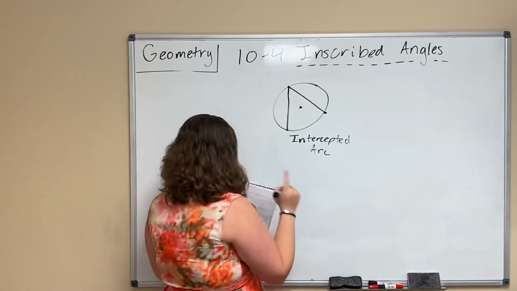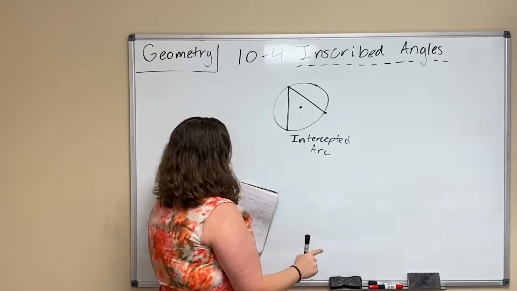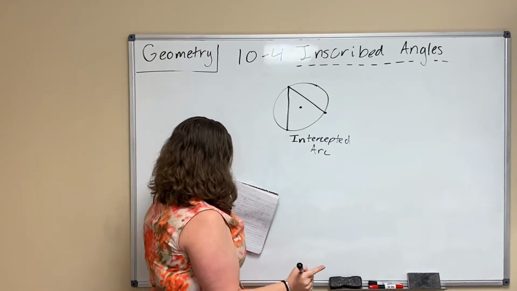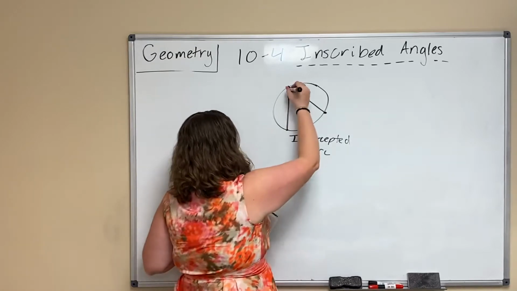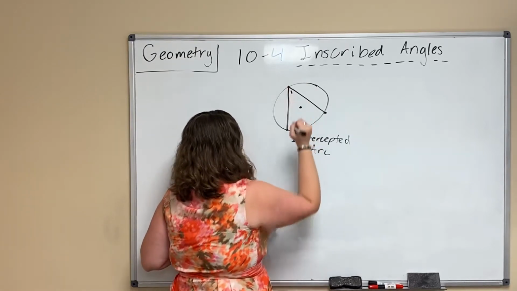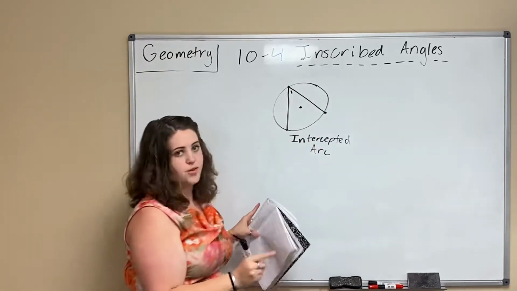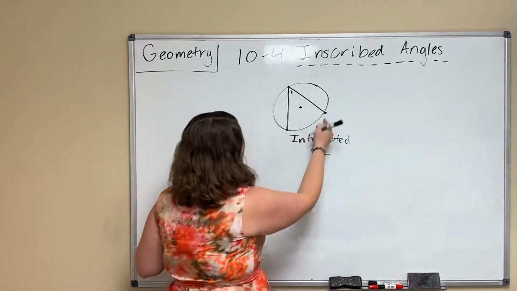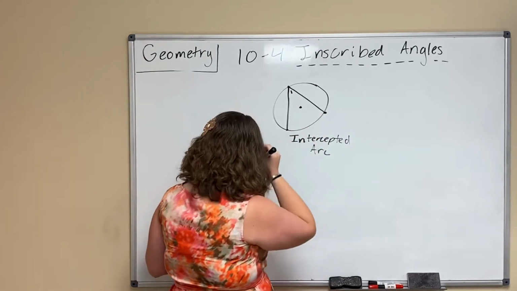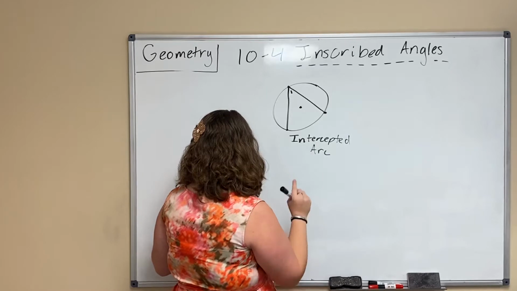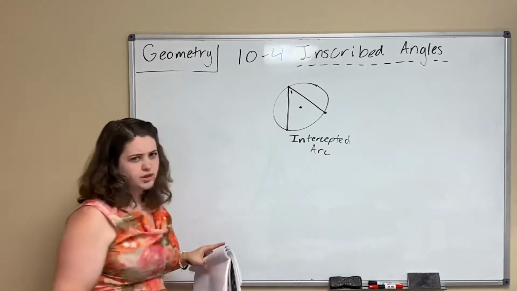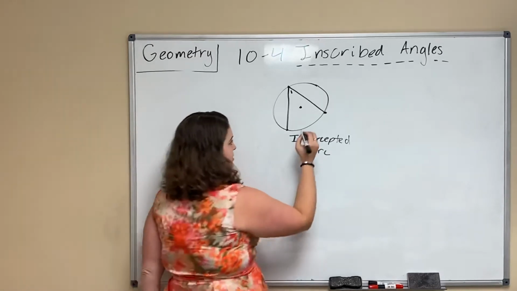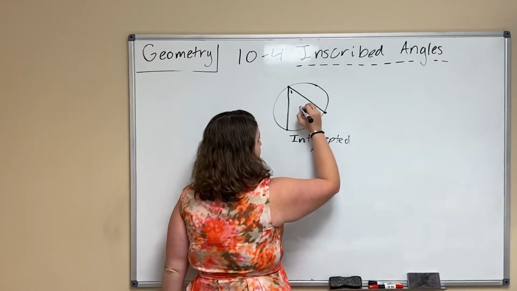What's important to note about how these two things are related is basically the measurement of this angle, the inscribed angle, is half the measurement of the arc angle, the intercepted arc angle.